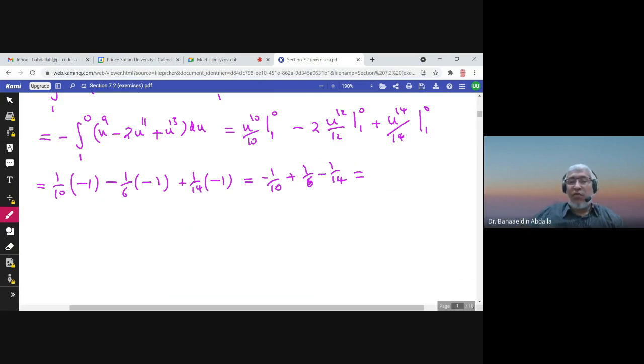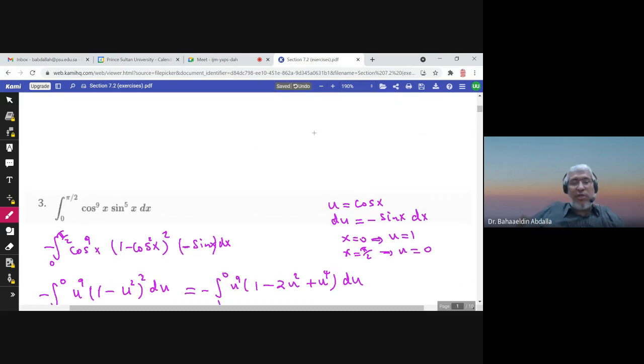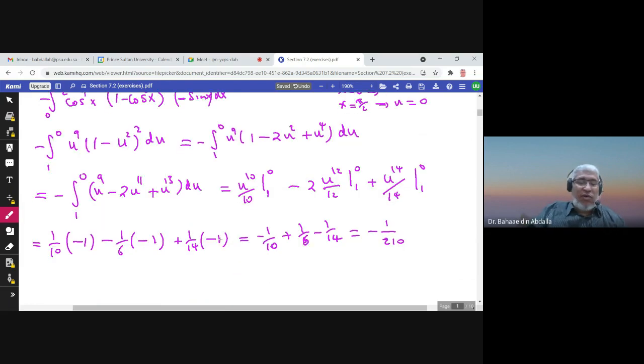It's negative 1 over 210. And you can check your answer by calculator if you like. You put this in the calculator and see whether the answer is negative 1 over 210 or not.